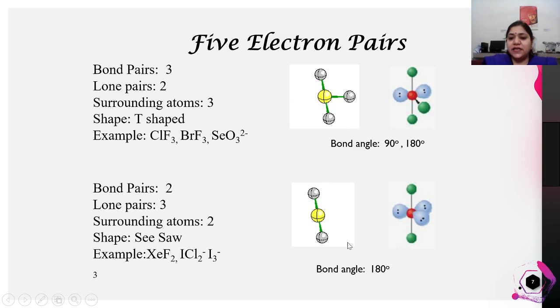It is of linear shape, and this linear shape is due to the presence of these 3 lone pairs, and also as these 3 lone pairs are present in different planes, this is the angle which can be maintained maximum if 2 bond pairs are there. So this one is linear shape, and these are the examples of the 5 electron pairs in which 2 bond pairs and 3 lone pairs are present.